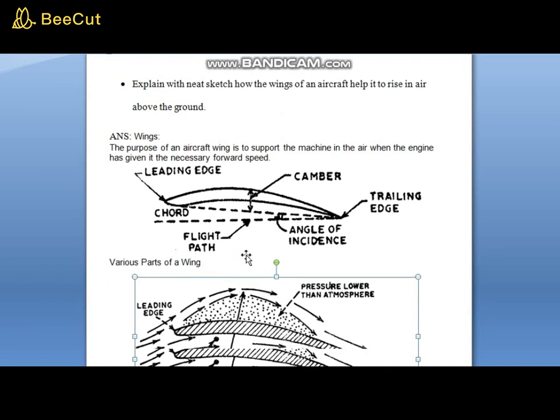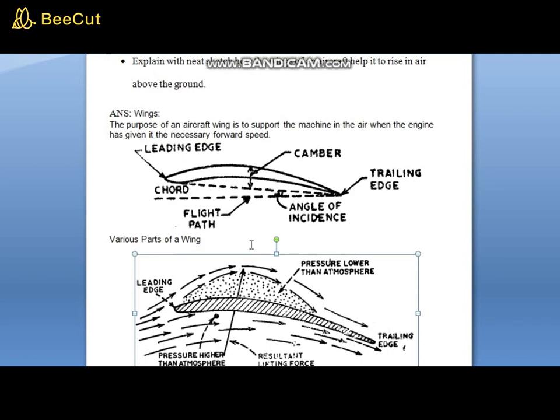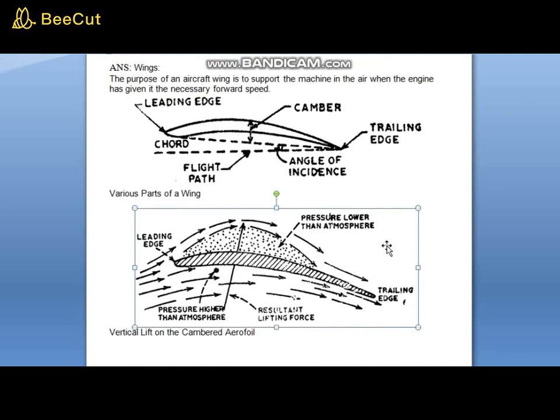This is nothing but explaining with a neat sketch how the wings of an aircraft help it to rise in the air above the ground. This we need to describe. Again we need to describe this. To support these two diagrams, we need to include some theoretical statements, which can be done by explaining this phenomenon.